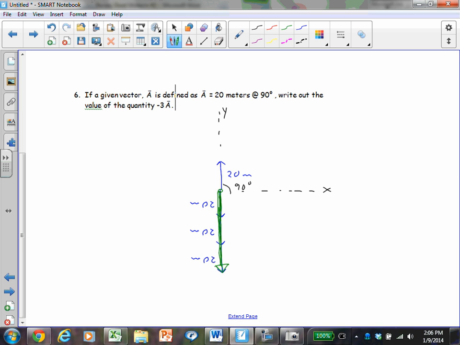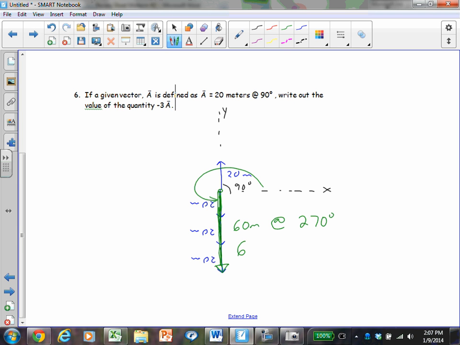60 meters. There's different ways to put this. We could put 60 meters at 270 degrees, because that's coming around like this. We could do what else? Well, close.